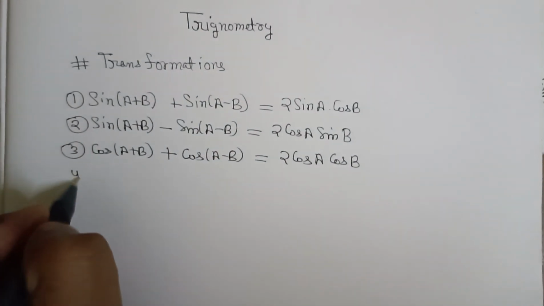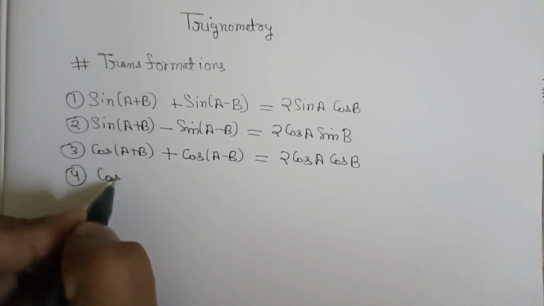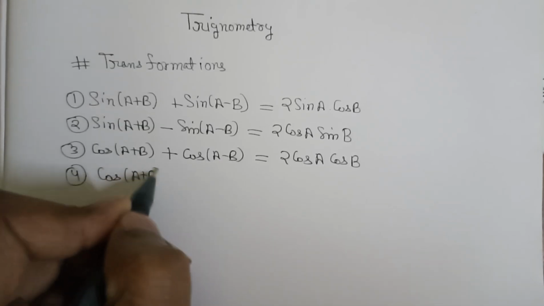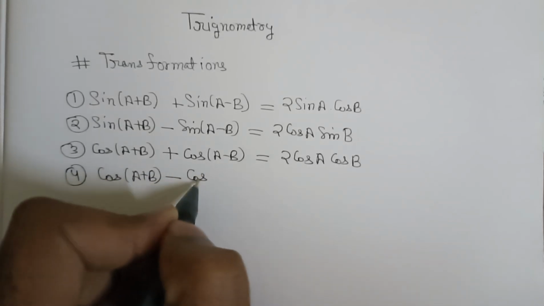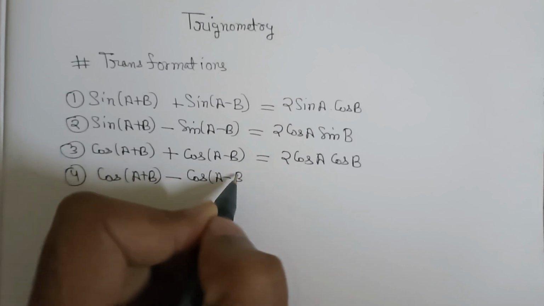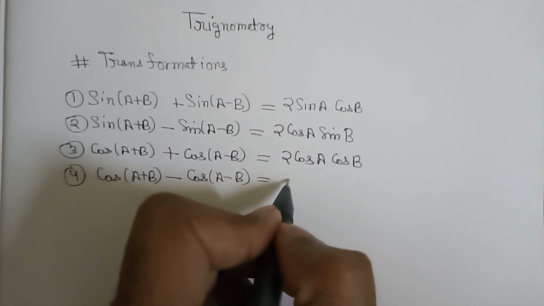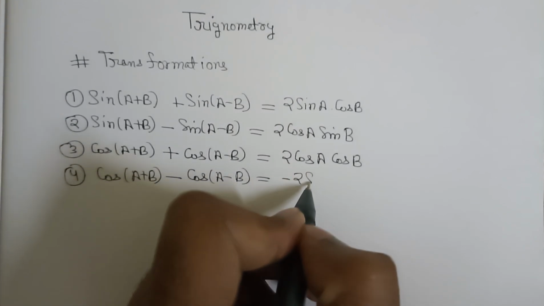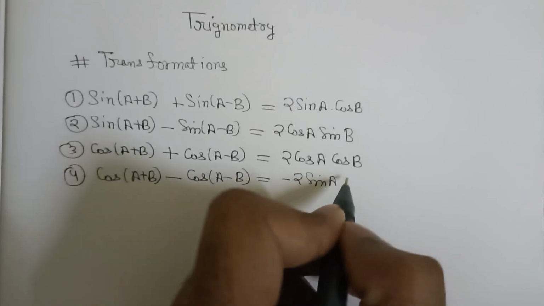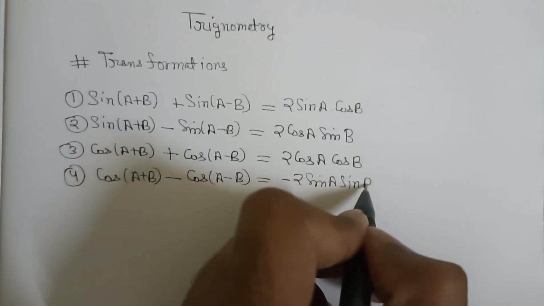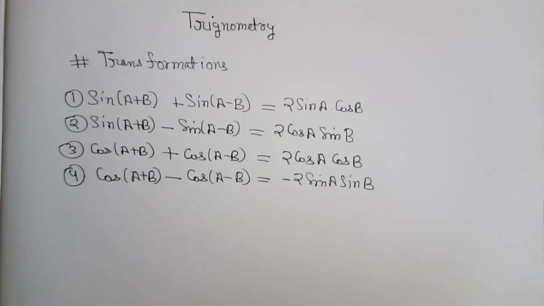And the fourth one is cos(a+b) minus cos(a-b) is equal to minus 2 sin a sin b. So these are standard formulas.